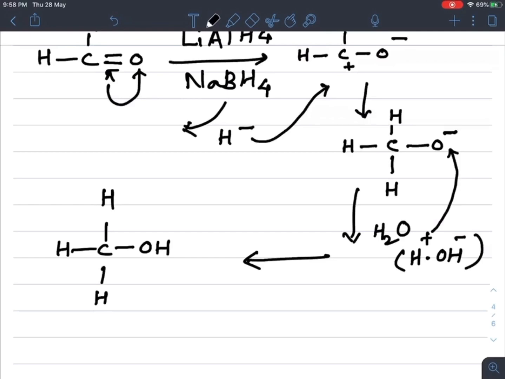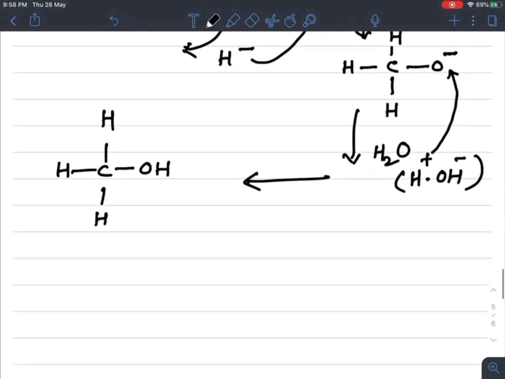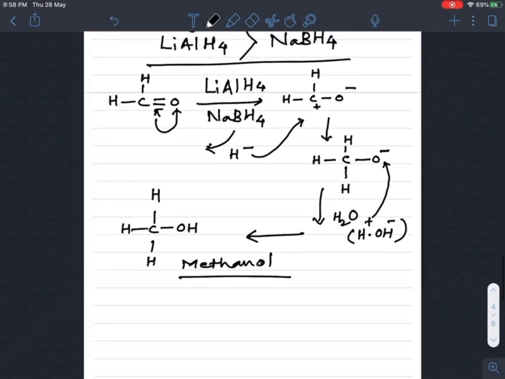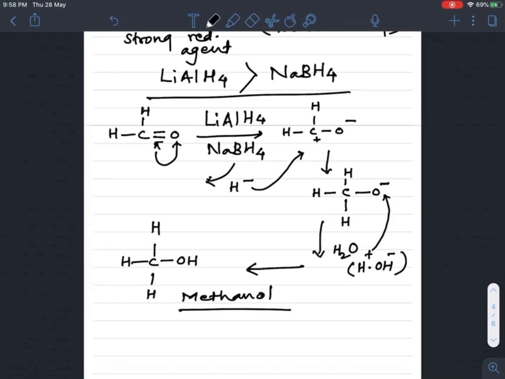So we get the corresponding alcohol containing the same carbon, that is methyl alcohol or methanol. So this is the mechanism of the reaction, the reduction of aldehydes. Either of the reducing agents, LiAlH4 or NaBH4, can be used.